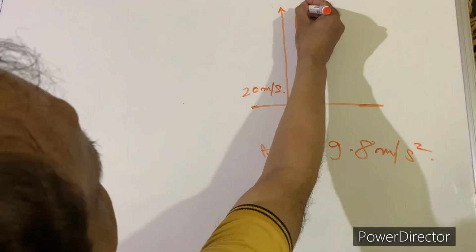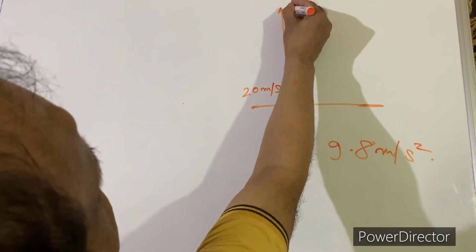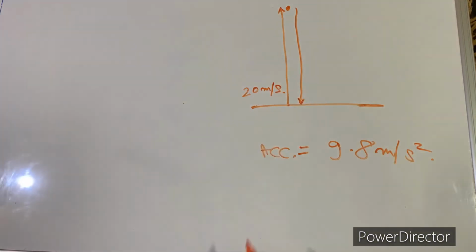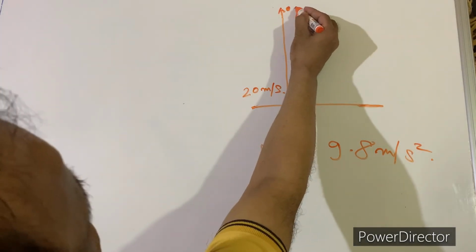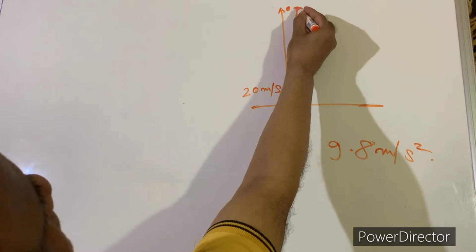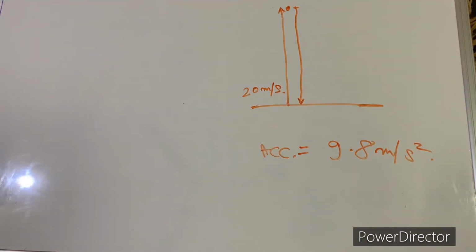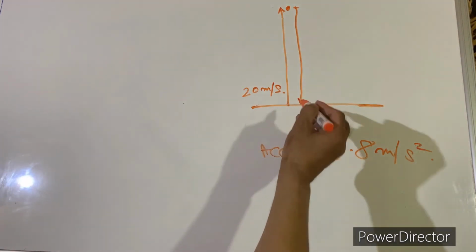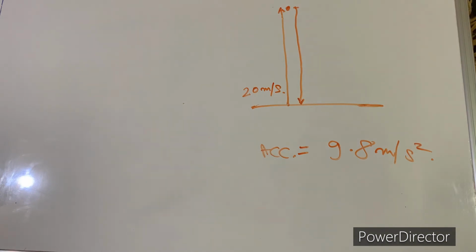Remember, the velocity of the stone has become 0 when it reached the top, but it was thrown with an initial velocity of 20 meters per second. And again it will start falling down towards the Earth's surface due to the Earth's acceleration due to gravity, which is in other words the Earth's pull towards the center of the Earth.